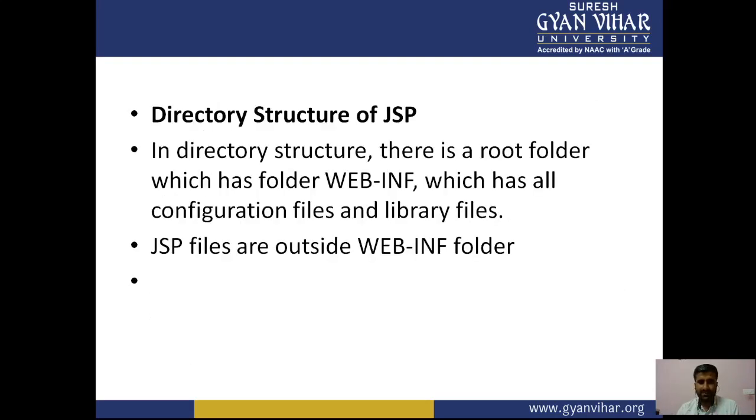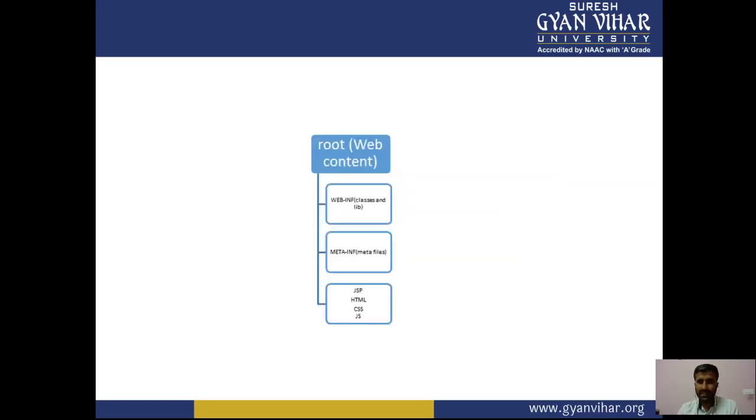Directories. If we are going to discuss the directory structure of JSP, then in our directory structure there is a root folder which has the WEB-INF folder, which has all the configuration files and library files. JSP files are outside the WEB-INF folder. See, here you see that the root is web content. Inside the web content, we have a WEB-INF folder.